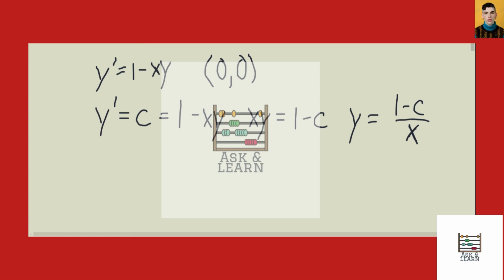And we see that this is the reciprocal function 1 over x, but either stretched or compressed by a factor of 1 minus c.